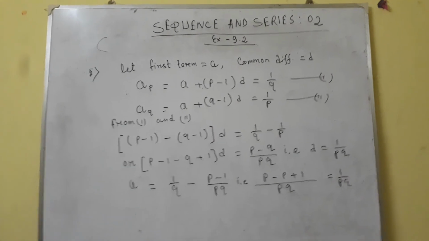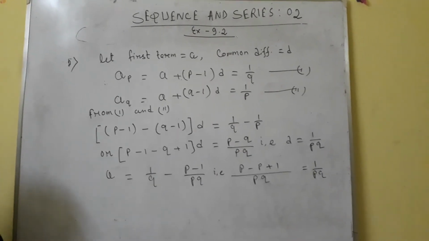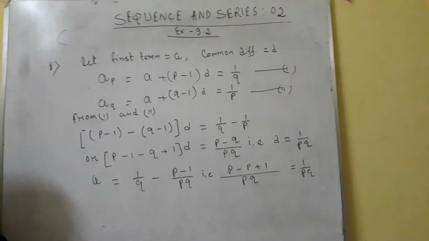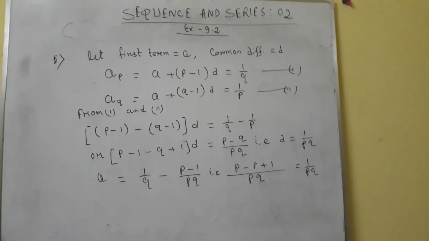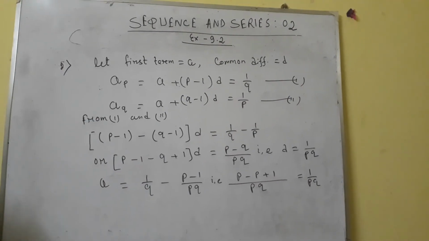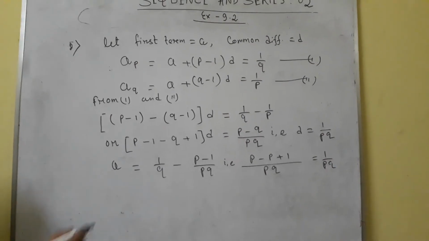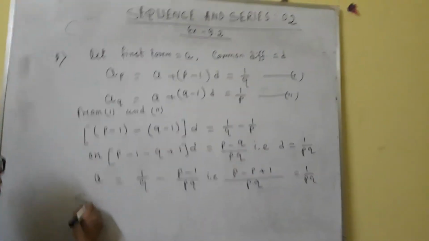And you have to find the sum of the first PQ terms, that is half of (PQ plus 1). So n is PQ.